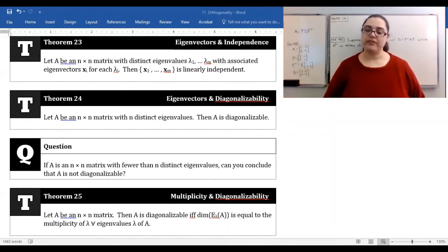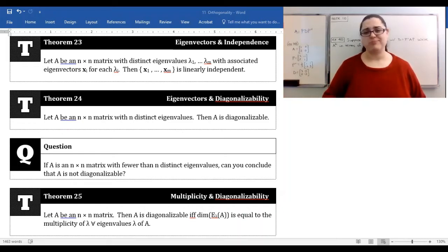However, theorem 25 can help us figure out when it is diagonalizable. So if you have an n by n matrix, then it's going to be diagonalizable if and only if the dimension of the eigenspace for each eigenvalue is equal to the eigenvalue's multiplicity. In other words, if you have an eigenvalue, like we did in that example that broke, that had multiplicity 2, right? So if it had 2 eigenvectors, good to go.